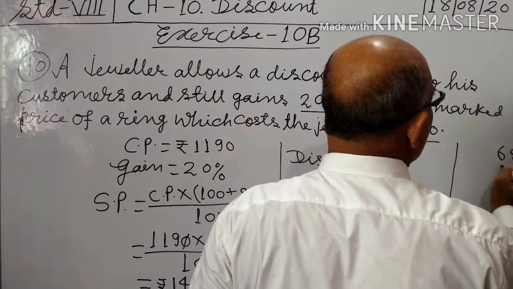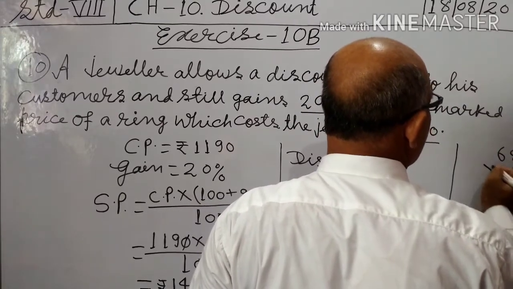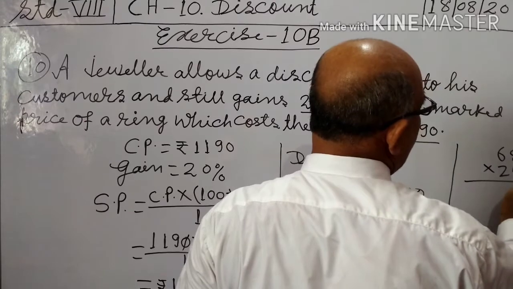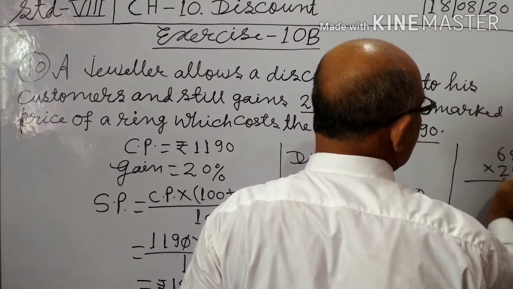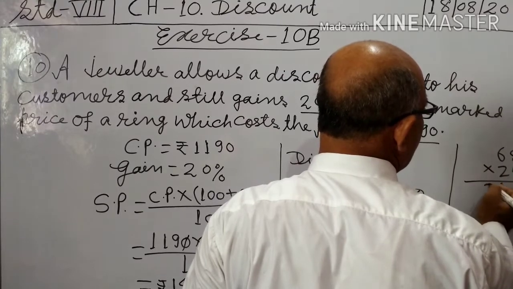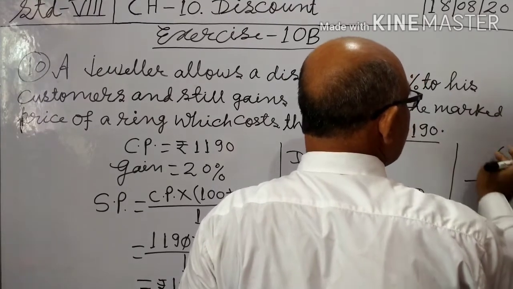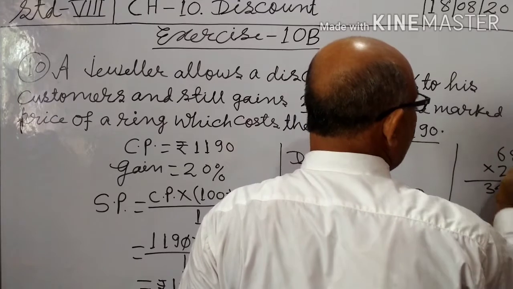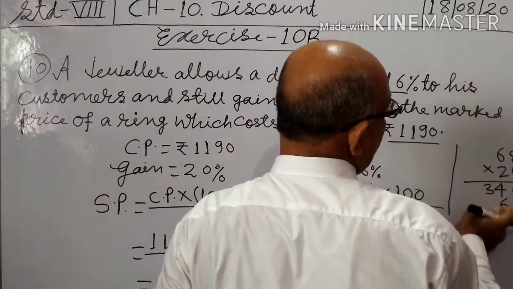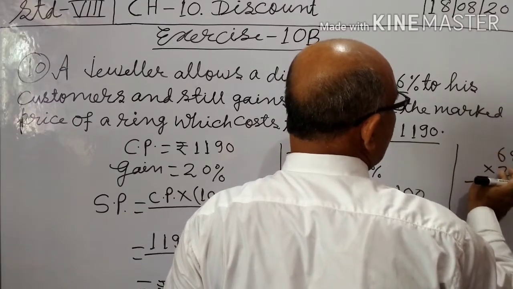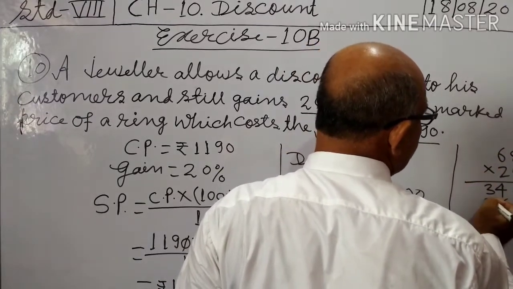68 multiply by 25. 8 fives are 40, write 0 carry 4. 6 fives are 30 plus 4, 34. 8 twos are 16, write 6 carry 1. 6 twos are 12 plus 1, 13.